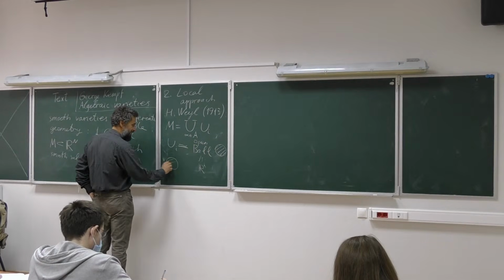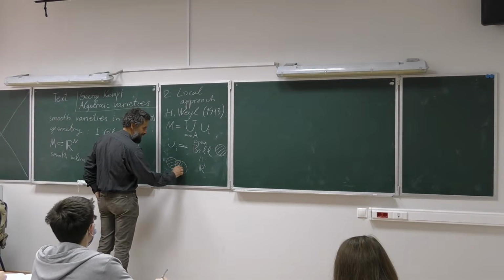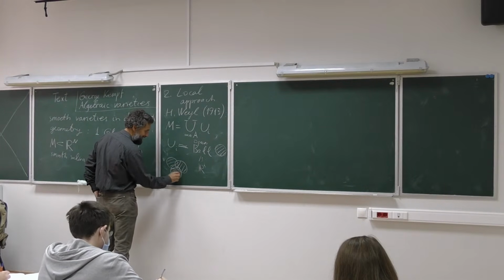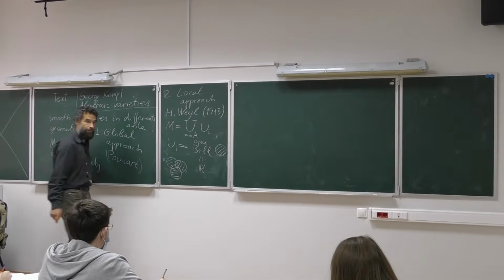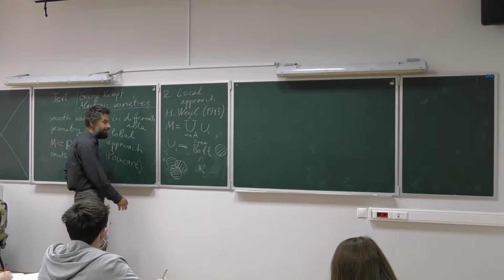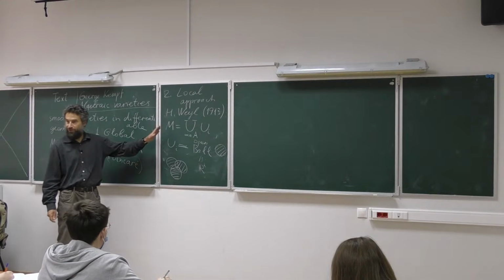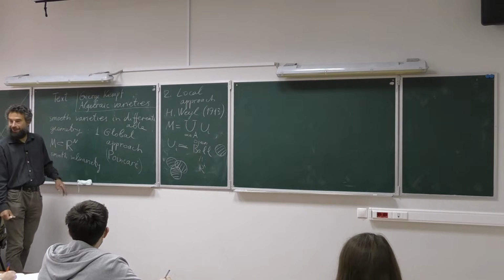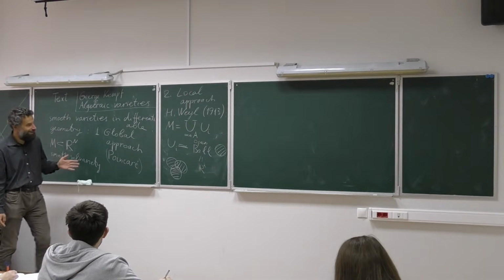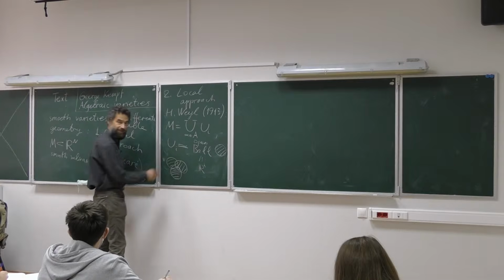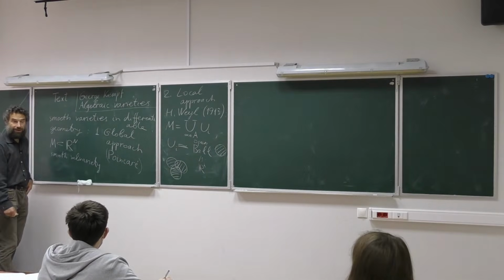Okay, so you have one ball, another ball, yet another ball, and they all intersect somehow and cover the whole M. And I presume that you know this all very well, from some analysis on manifolds course or something like this.